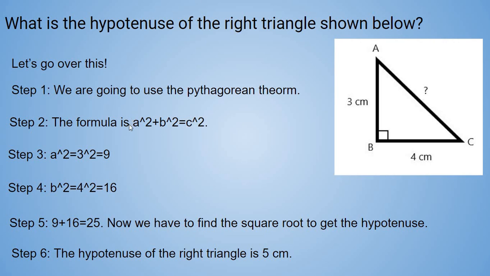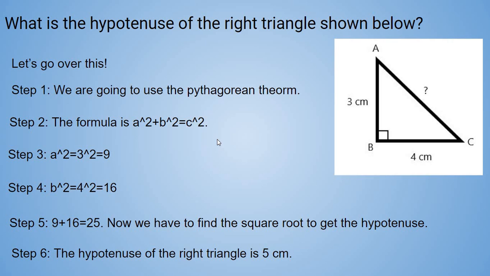And one more thing. After you find the sum of A squared and B squared, you must find the square root of your sum, or else you'll end up getting hippo times hippo, or C times C. If they're asking for the hypotenuse, you need to find the square root of the final sum.